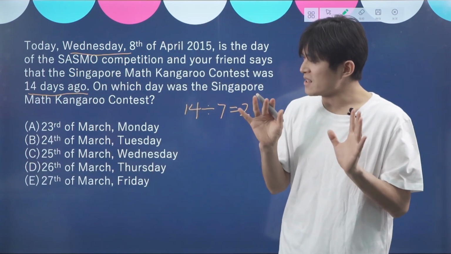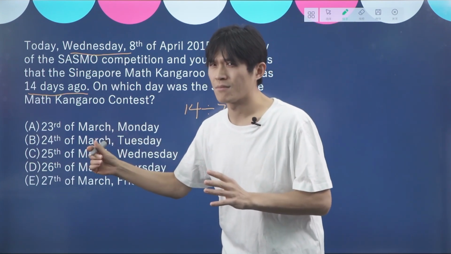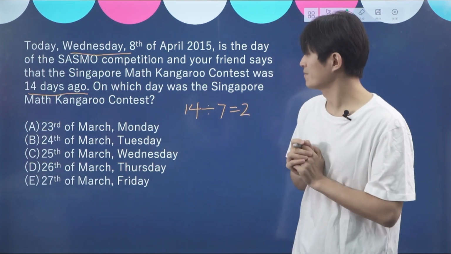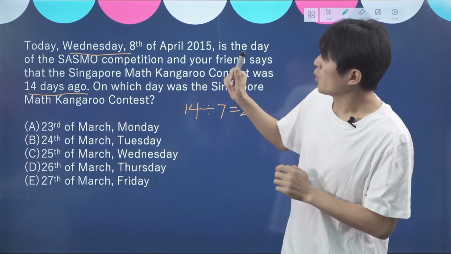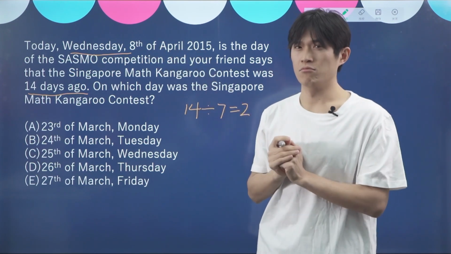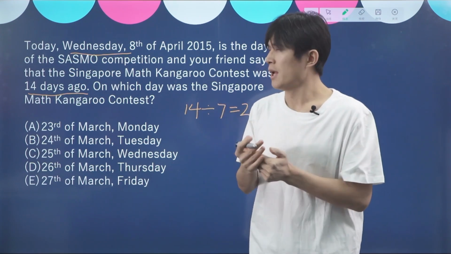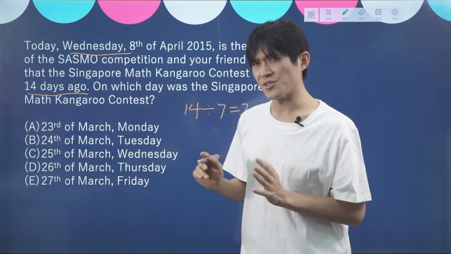But we need to find the specific date of the month. How should you do it? So we notice that it's the 8th of April. So 8 days in April. 14 days ago.